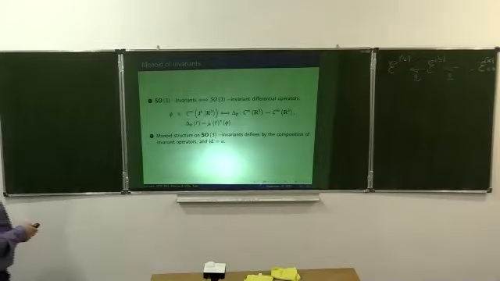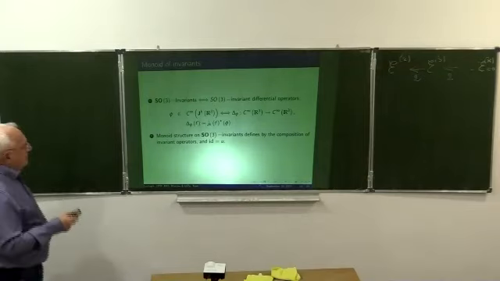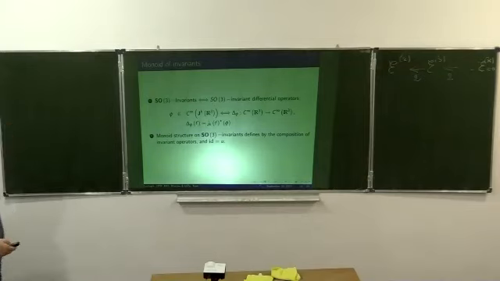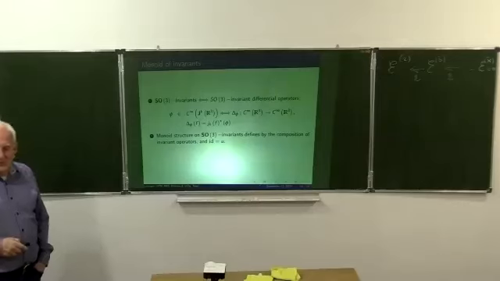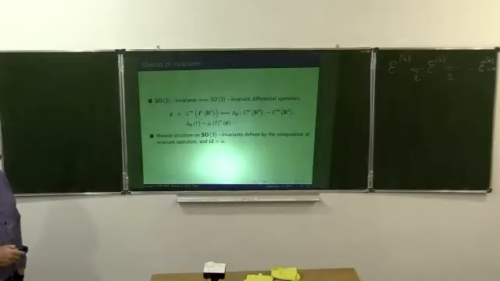Now, what does it mean that you have an invariant? If this phi is invariant, it means that this nonlinear differential operator of order k will be SL3 invariant. So in some sense, what we did when we described all SL3 invariants is that we found all nonlinear differential operators of order k that are invariant under SL3.